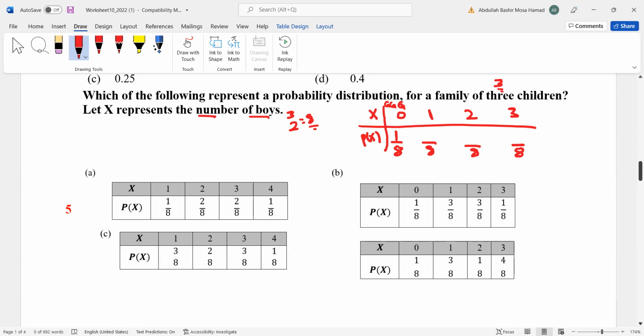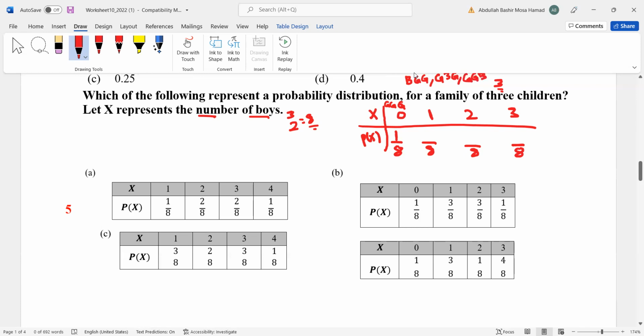For 1 boy, for example, a boy at first, a boy at second, or a boy at last.